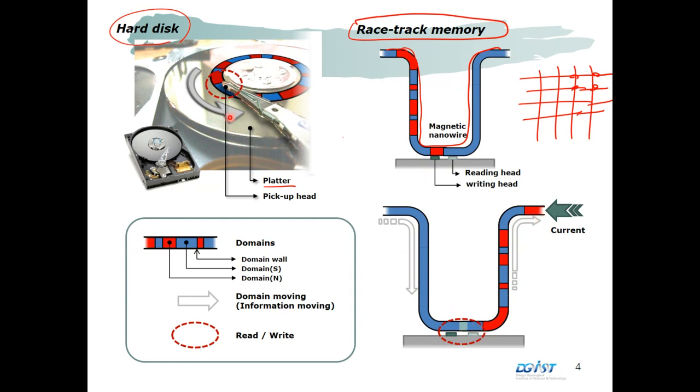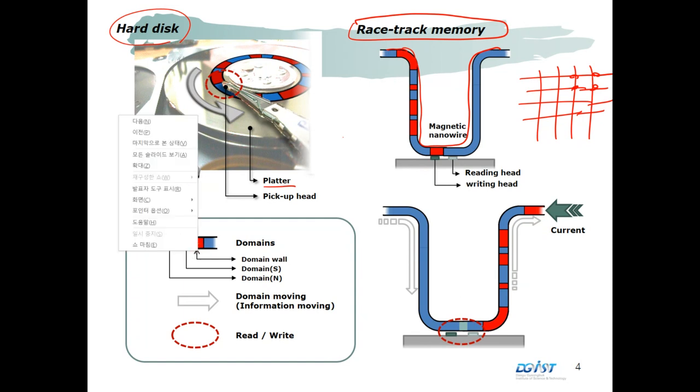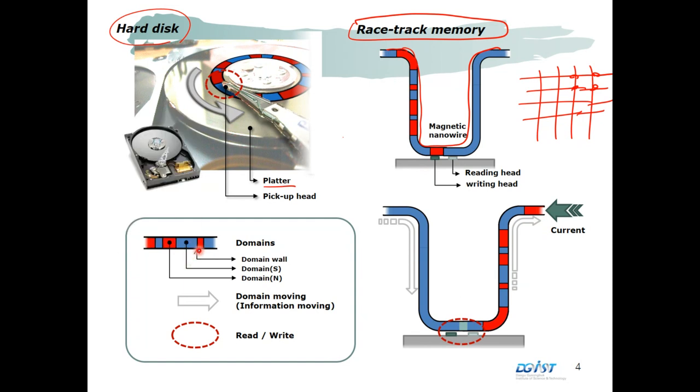disk drive. So the information is stored in a domain, not the domain wall, but by pushing the domain wall, we can move the domain. So we can move the information, right? So we can make very high capacity memories.